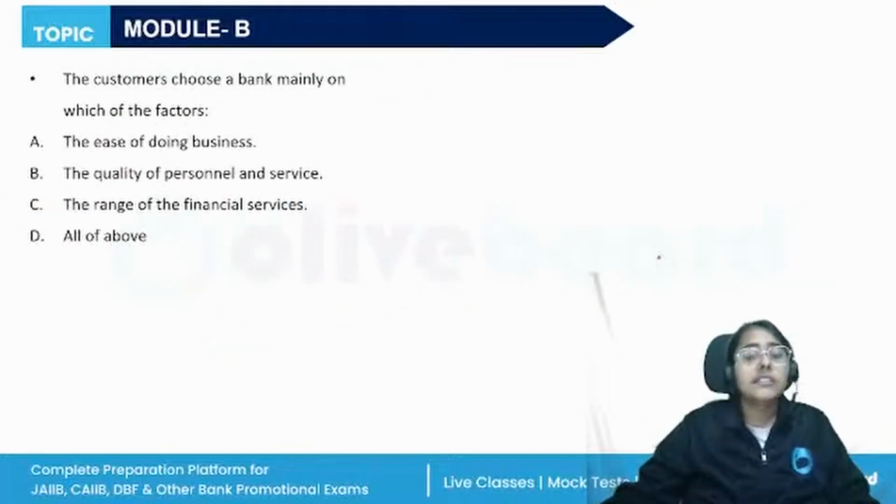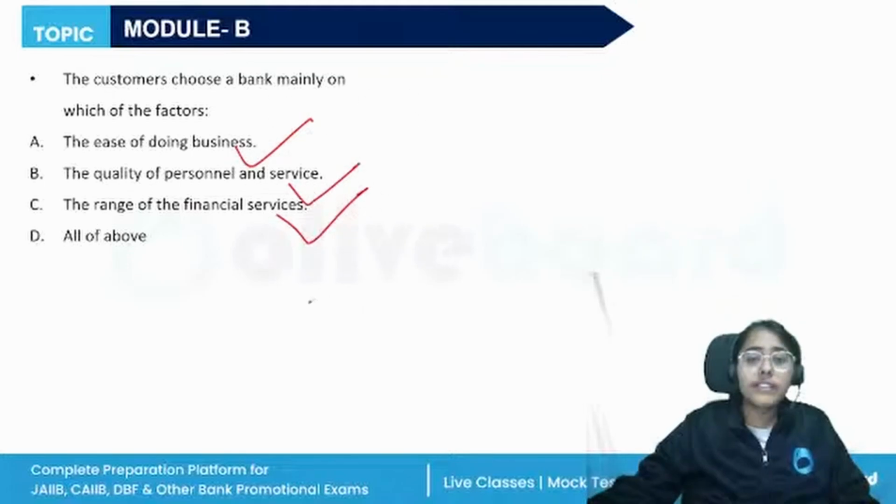Next, a customer chooses a bank mainly on which of the factors? When a customer is going to choose a bank, for example, if we're talking about a generic product, a core savings account, more or less all the characteristics are the same, then what will be used by the customer to differentiate? The ease of doing business, the quality of personnel and services, the range of financial services.